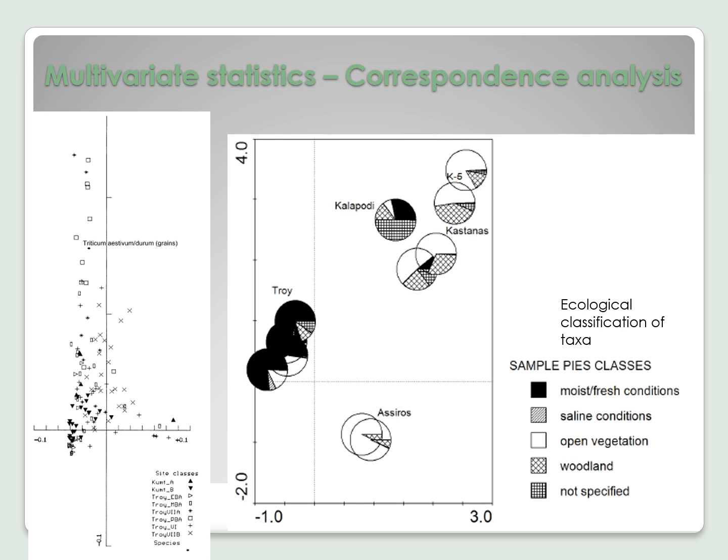The variables, that is, the taxa with their different counts, are plotted along the axes, which show the degree of variation. The x-axis shows the highest degree of variation. In the diagram to the right, the samples from Troy are most different from all other samples.